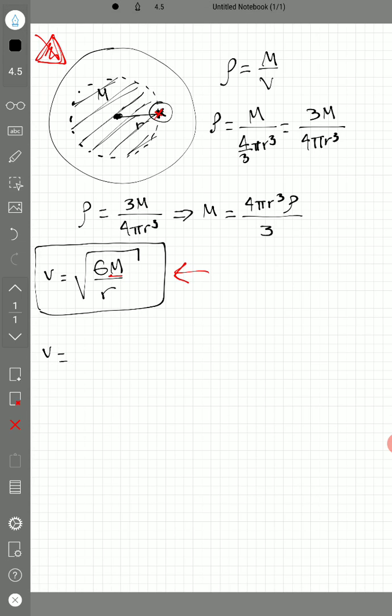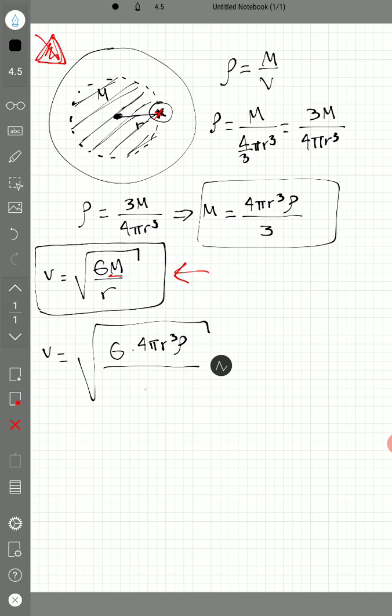So the velocity of a point outside or right at that point will be equal to G times M, but then M is going to be this whole thing. So that mass will be 4 pi r cubed times the density over 3, times the radius. That's what you get.